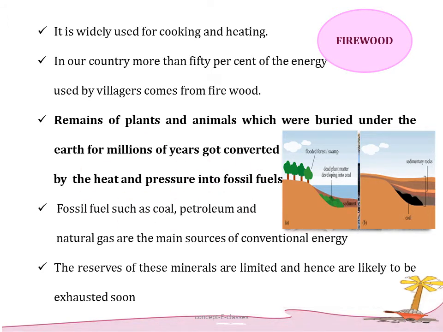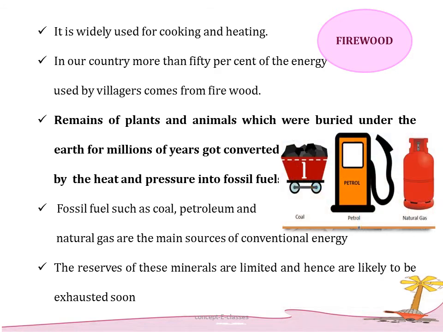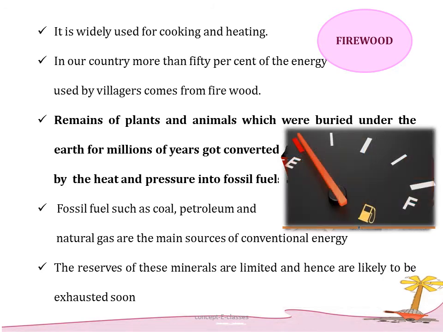Fossil fuels such as coal, petroleum and natural gas are also the main sources of conventional energy. The reserves of these are limited and hence they are likely to be exhausted. Hence we have to conserve these as well.